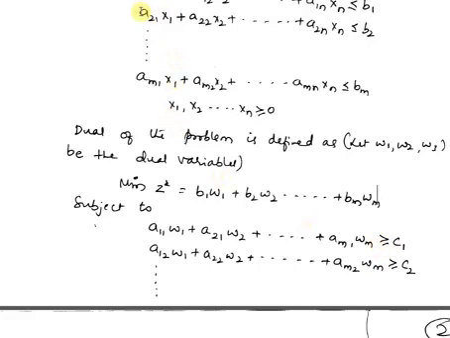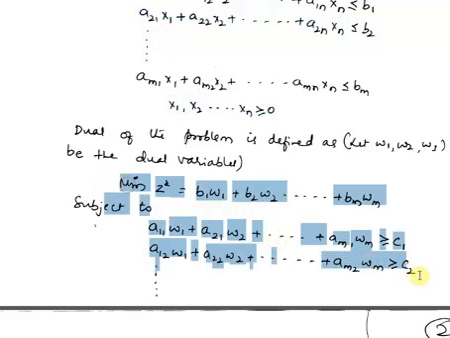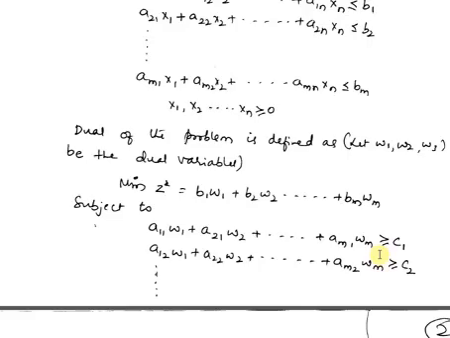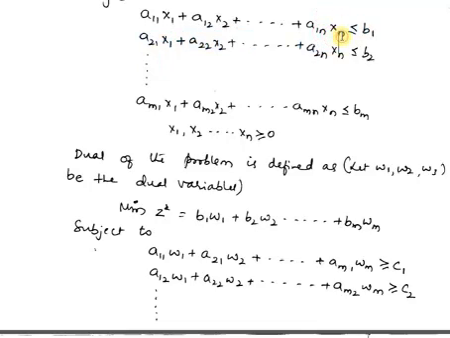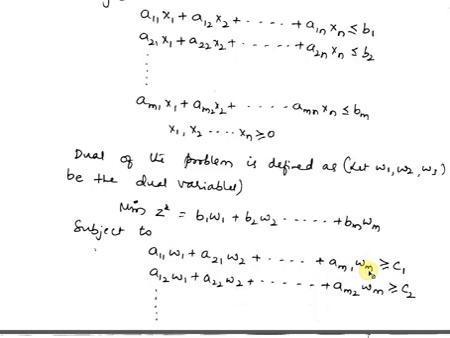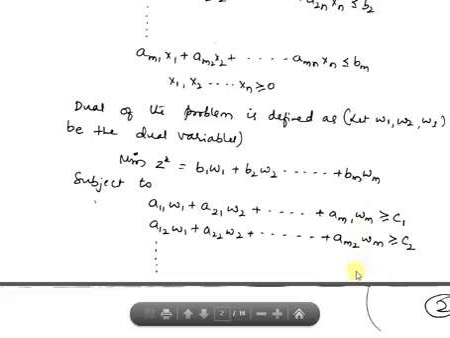Now looking at these variables and these constraints, another relationship between primal and dual is this: taking n variables here, you can see n variables and m constraints in the primal problem, but in the dual problem we have m variables, w1 to wm, but n constraints.